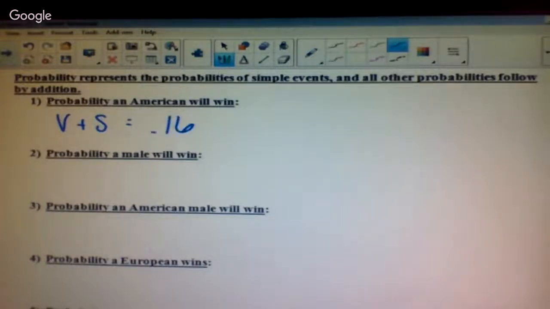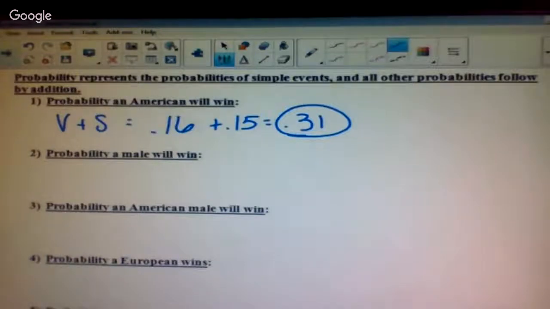What's the probability of Serena? 0.15. So that means a 0.31 chance of an American win. That's it. You can leave it as 0.31. How do you know to do the decimal instead of just doing 2 out of 6? Because here they gave it to you as a decimal, so you're going to stick with decimal.